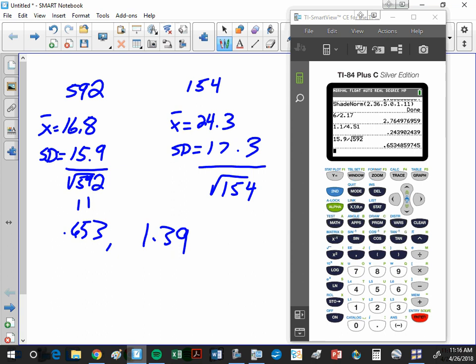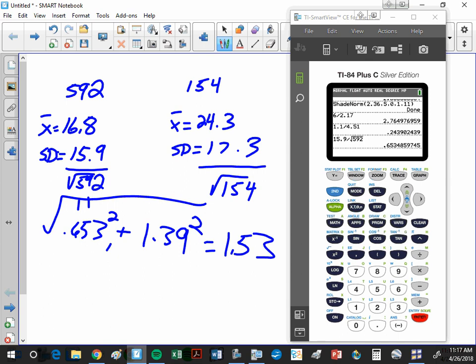So 1.39. Now what do I do? SE difference. So I square root the sum of the squares. It's going to be 2. Oh, I was way off. 1.53.